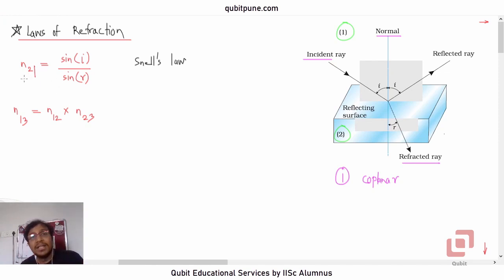N21 means refractive index of medium 2 with respect to medium 1.